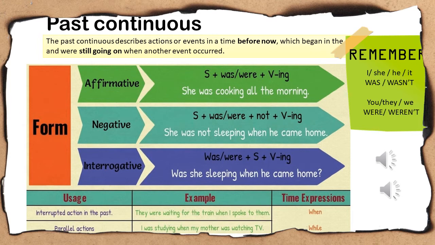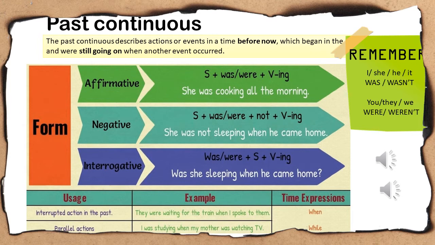Plus the verb with ing at the end. Then for the negative, we are going to write the subject plus was or were plus not plus the verb with ing. And for questions, we are going to write first was or were plus the subject plus the verb with ing plus the complement.